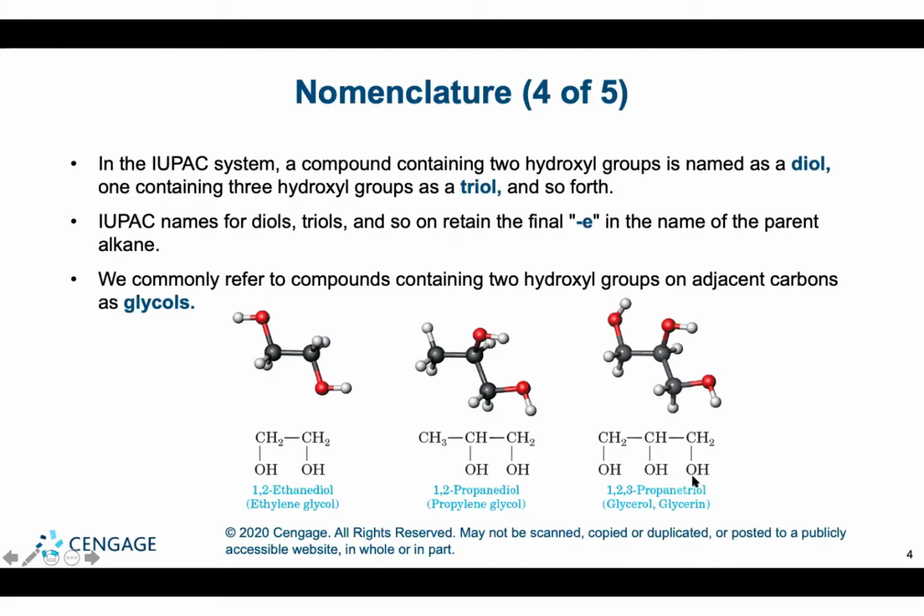Another important thing is that our main chain should have the OH groups in it. For example, in here, we should make sure this 3-carbon chain is my main chain, and I should start from the right side. It's going to be 1,2-propanediol.